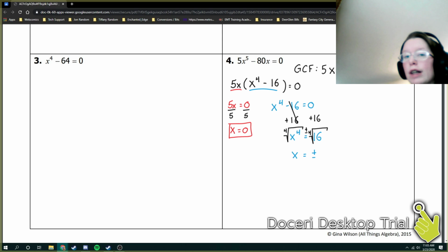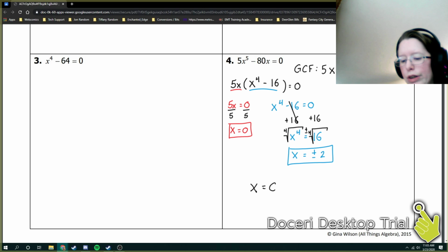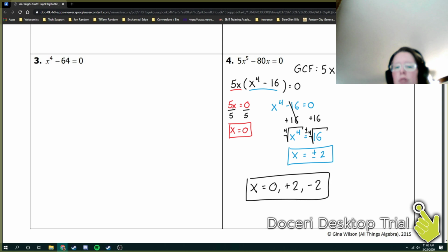You can also use Desmos as an online calculator to help with that sort of stuff. So here we've got x equal 0, a positive 2, and a negative 2. Alright, moving on.